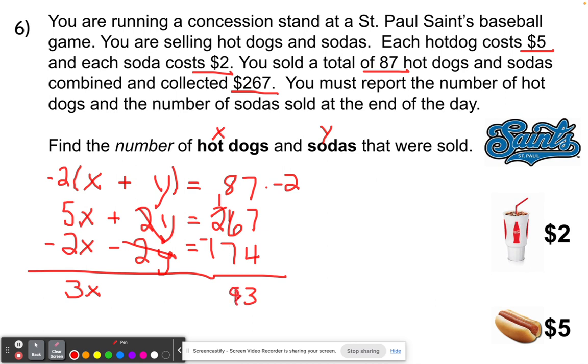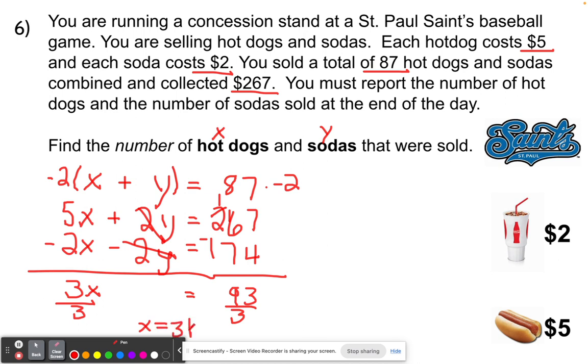And 1 minus 1 is 0. So 93. Divide both sides by 3. And I have x, or my number of hot dogs, being 31. Because I sold 31 hot dogs.